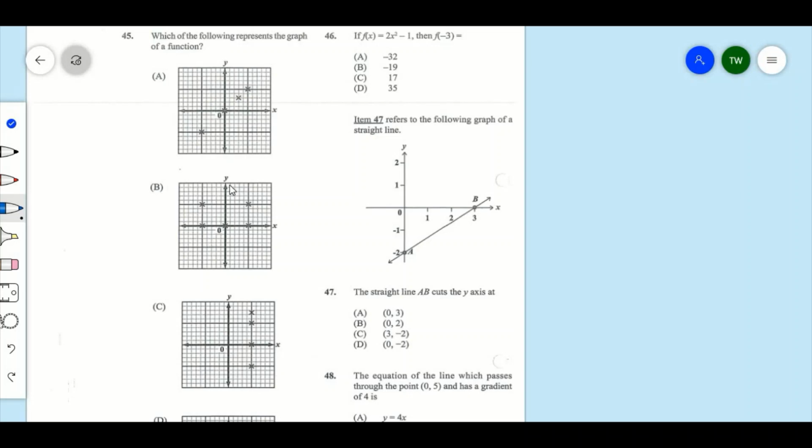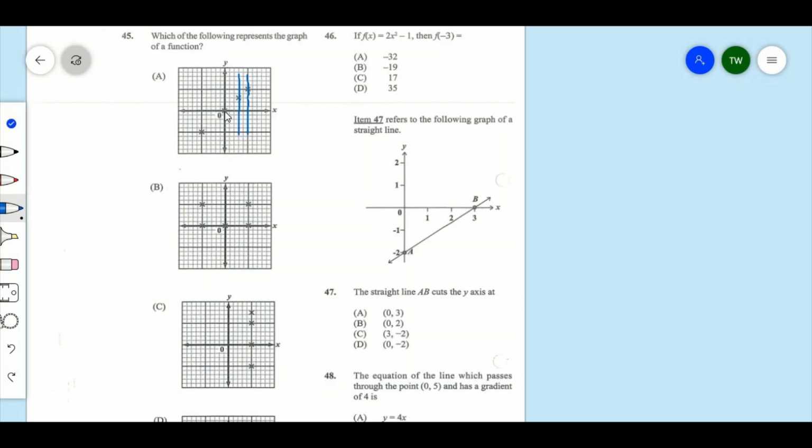So let's look at option A. If I pick this point here and I draw a vertical line through it, this vertical line will only pass through that point. If I pick this point and I draw a vertical line through it, it will only pass through that point.